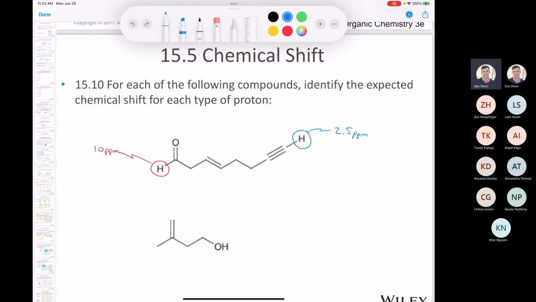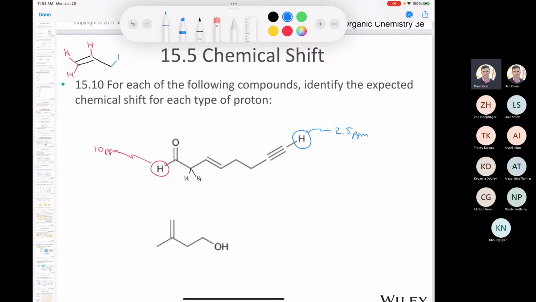What about, let's pick these protons here. Now this is where it gets a little more interesting. Let me use my black pen for these two here. I'm going to help you out with these ones a little bit, because these ones are allylic protons, right? If you have a double bond with a carbon attached to it, remember that this is a vinylic position. This is vinylic. This is vinylic.